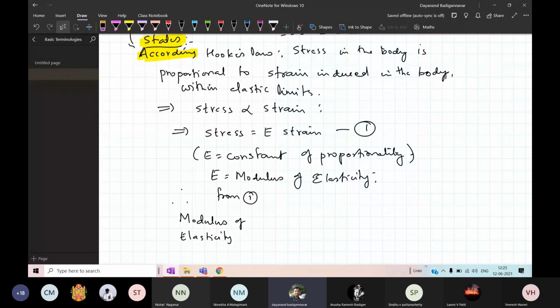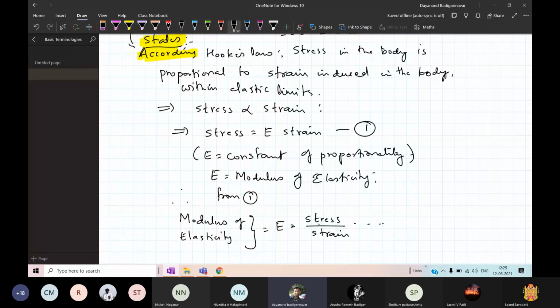If I rearrange 1, E is nothing but stress divided by strain.